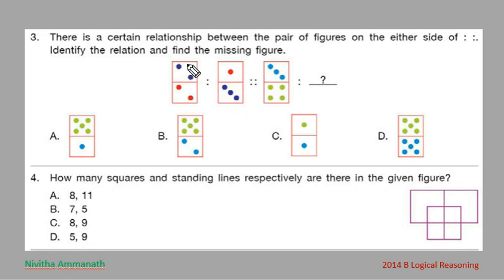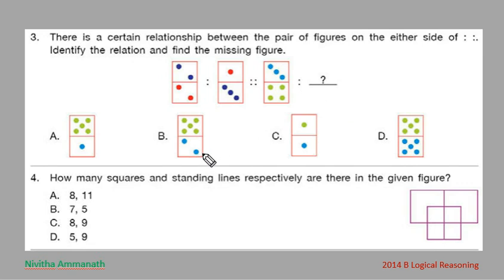So, upward 2 and downward 3. Then 2, then 1. So, here 3, 4 is not possible here. Possible options are not here. So, from 3 we have 2 here.